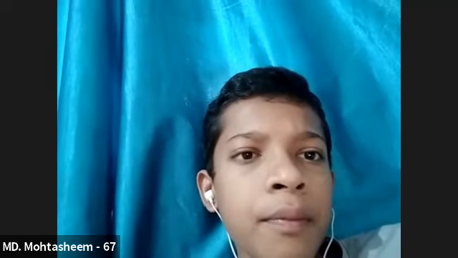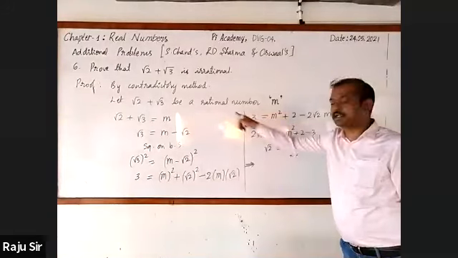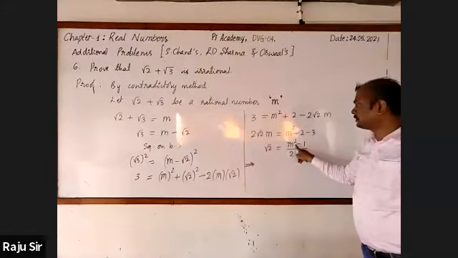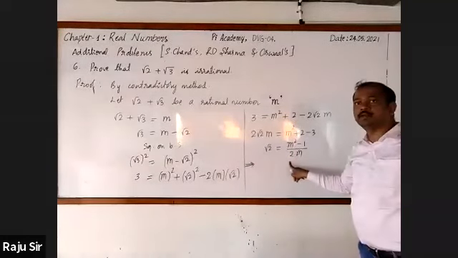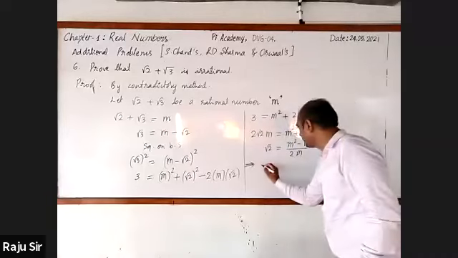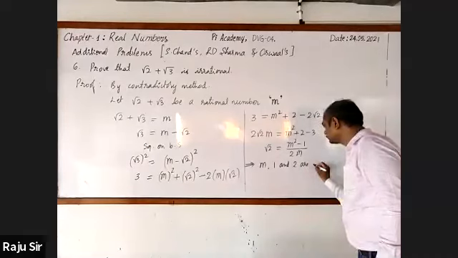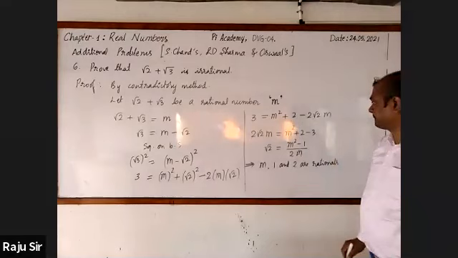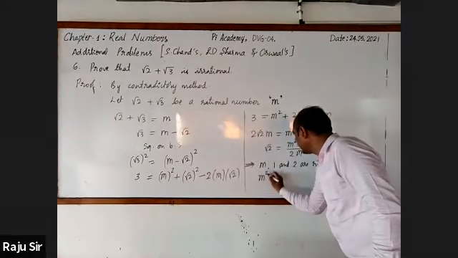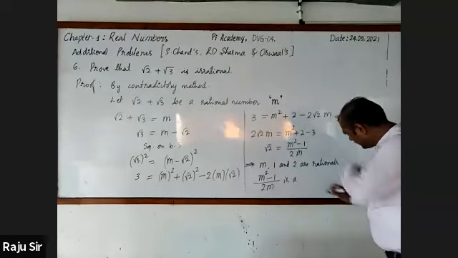Now look here. You all know that m is a rational number. That's our assumption. Then m square will also be a rational number. We also know that 1 and 2 are rationals. So m square minus 1 whole divided by 2m is a rational.